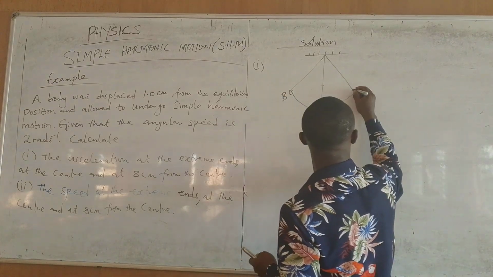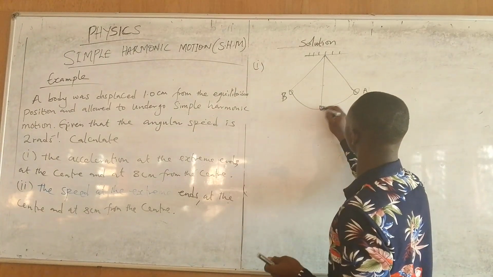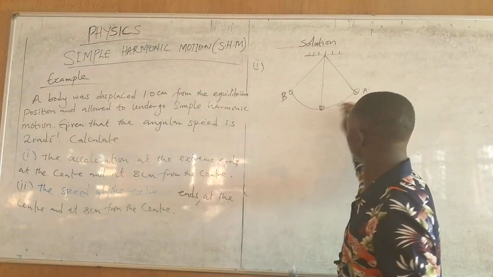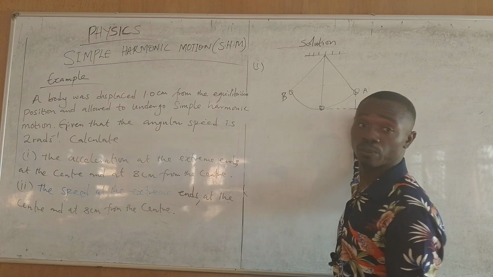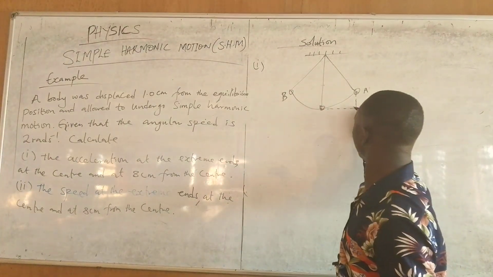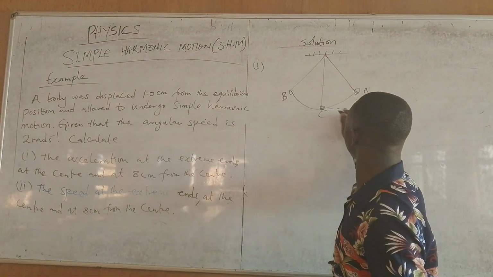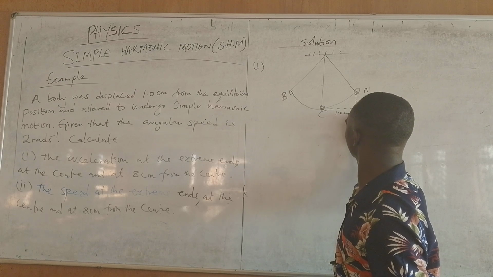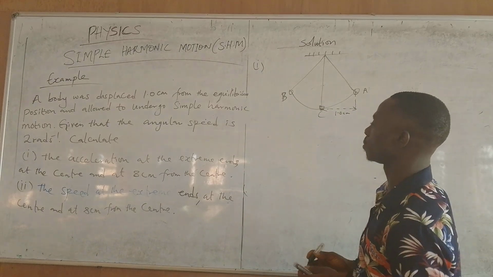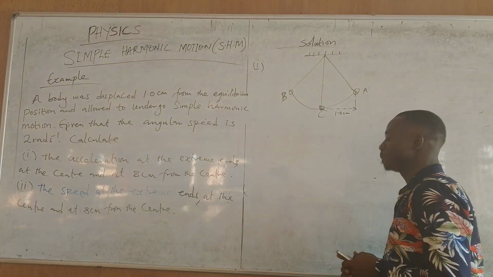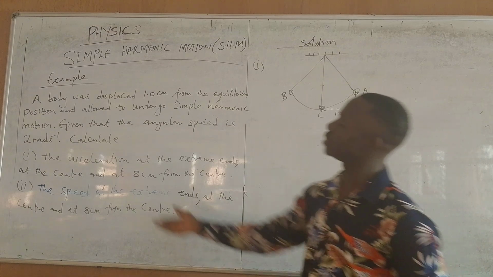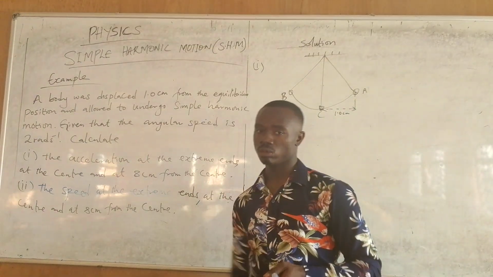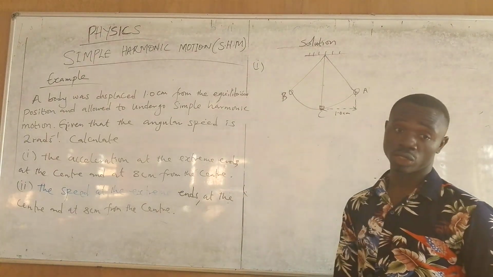Now, my horizontal displacement from here to here is 1.0 centimeters. From the center to this place, 1.0 centimeter. In fact, I should have given a question that says calculate the maximum acceleration.